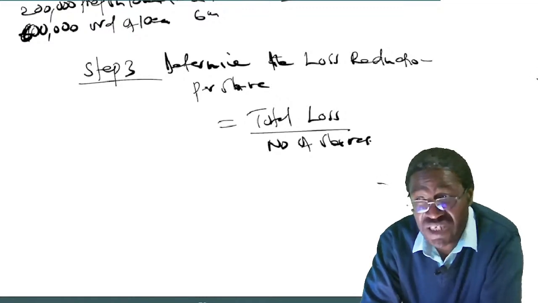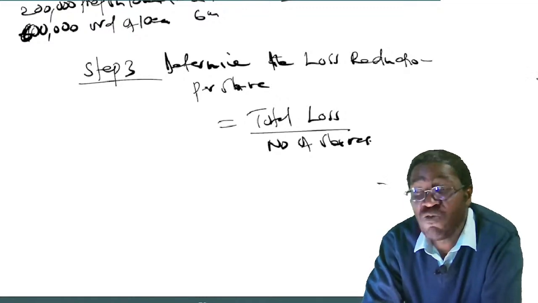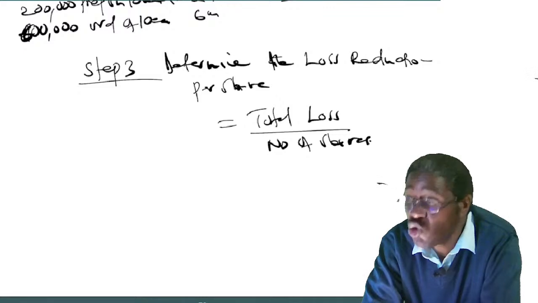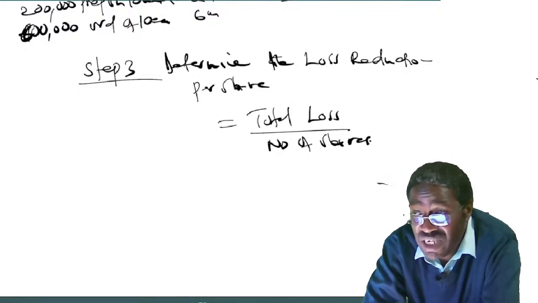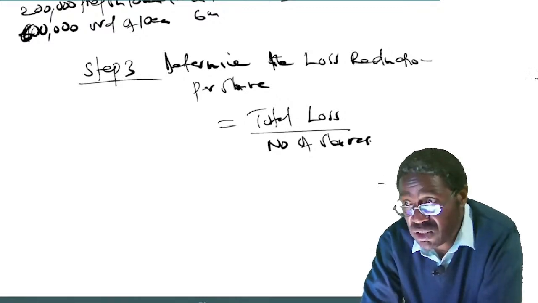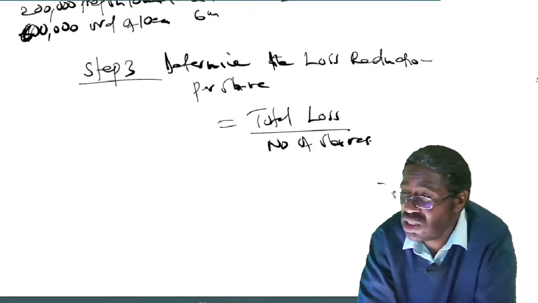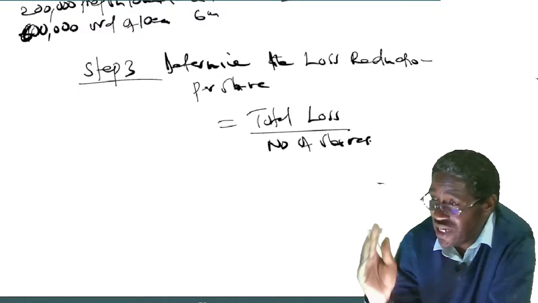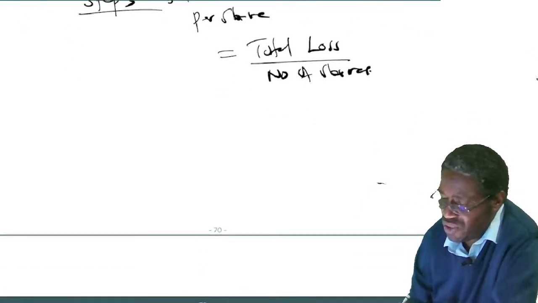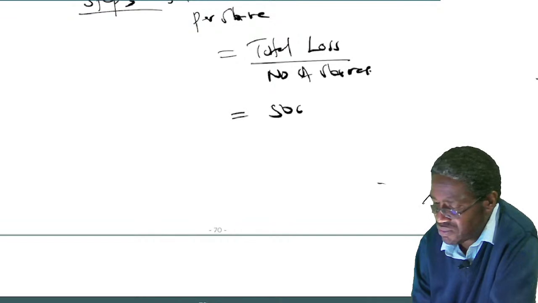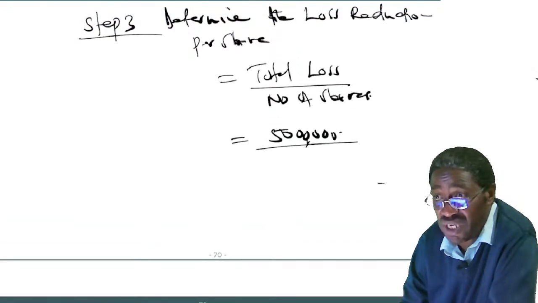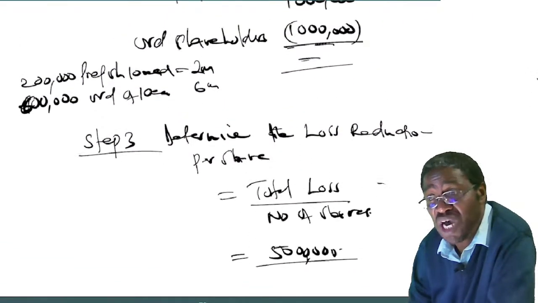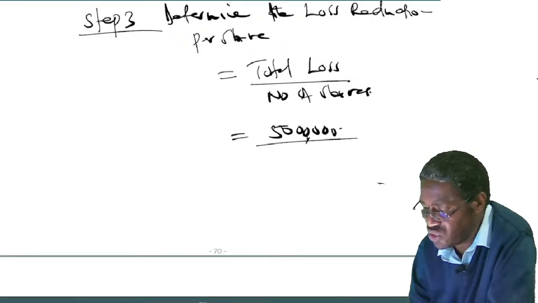I have not written divide by number of ordinary shares. It could be preference, it could be ordinary. That's why I'm just saying the number of shares. But from our illustration, it's ordinary. Therefore, the loss was 5 million. We divide that loss of 5 million by the number of shares, which we are assuming our company has, amounting to 600,000.